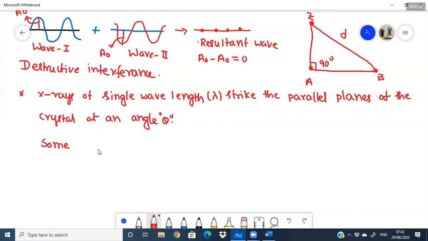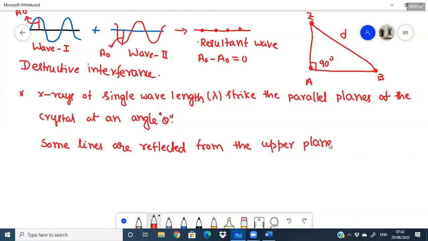Some rays are reflected from the first plane, that means from the upper plane. Some from the second plane, and some from the third plane or lower plane.